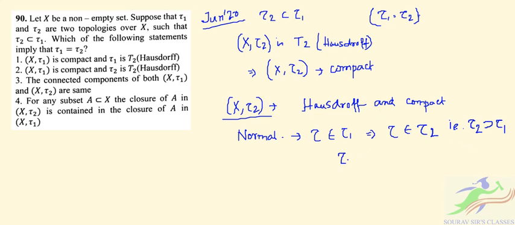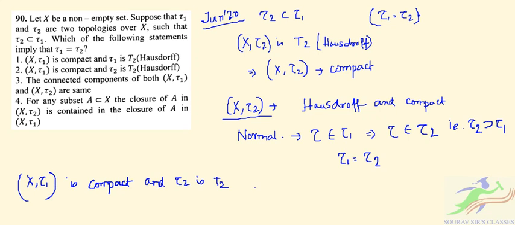That implies that tau 1 is equal to tau 2, right? So in our case, if (X, tau 1) is compact and tau 2 is a T2 space, then we can imply that tau 1 is equal to tau 2.